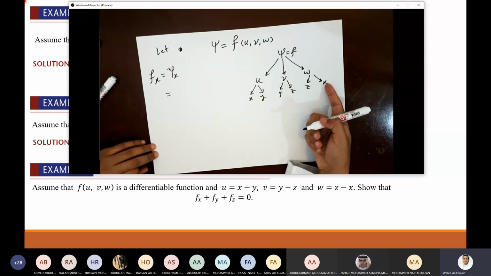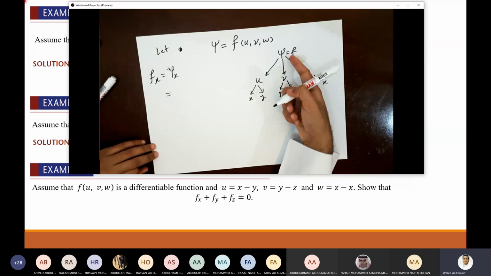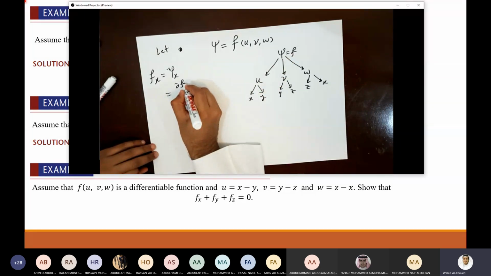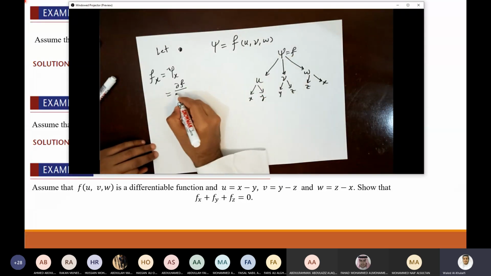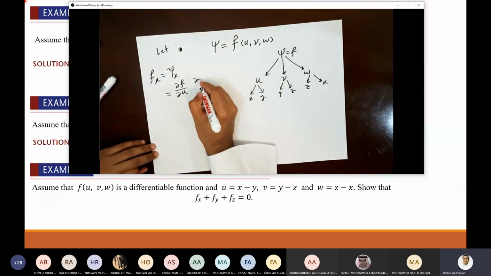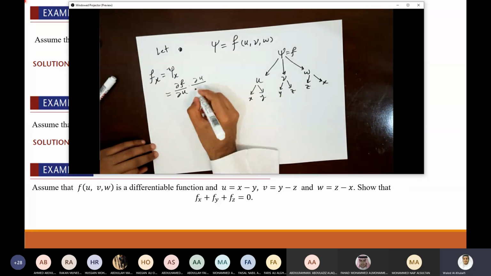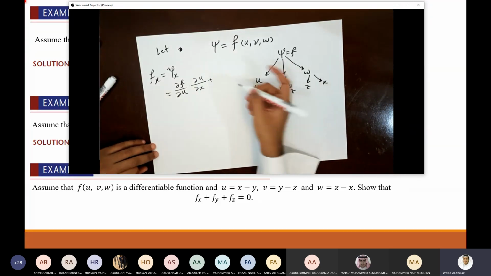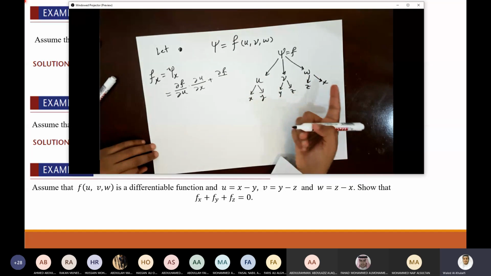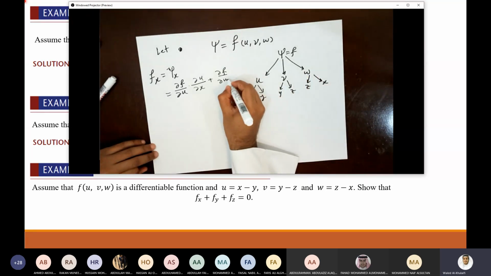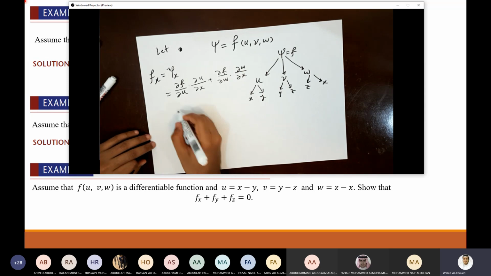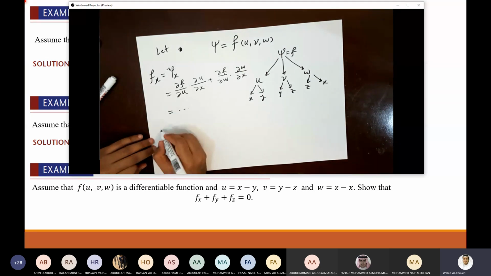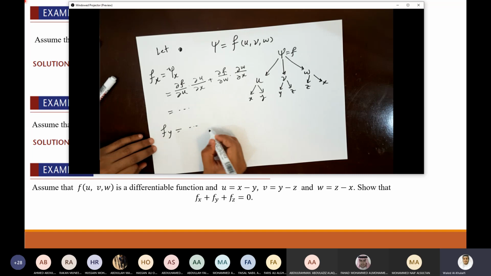One here and one here, okay? So we follow this path, guys. What happens on this path? Partial f, or partial psi if you want, by partial u, since it passes through u, times partial u by partial x, plus the other road, partial f by partial w times partial w by partial x. Okay, and you continue.